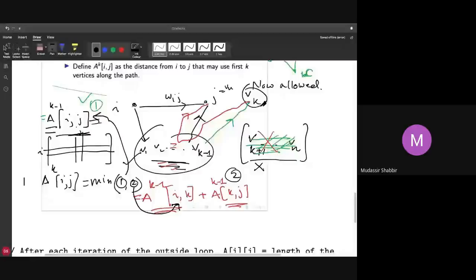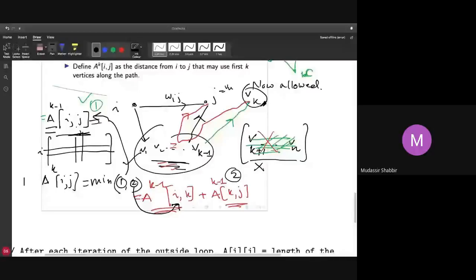Okay, so in दो possibilities में से मेरा जो shortest path होगा वो minimum होगा, right? I try: does it help me to go through k? Can I find a shorter path by going through k? If it does, then I'll pick that. If it does not help me, then I'll actually go through the first k minus 1 vertices. Right?